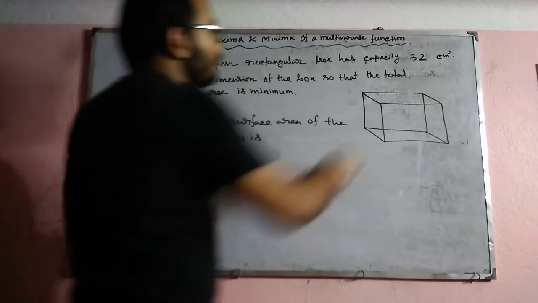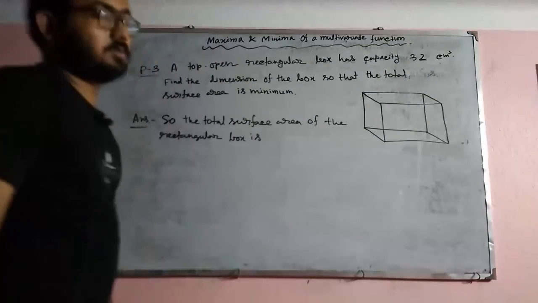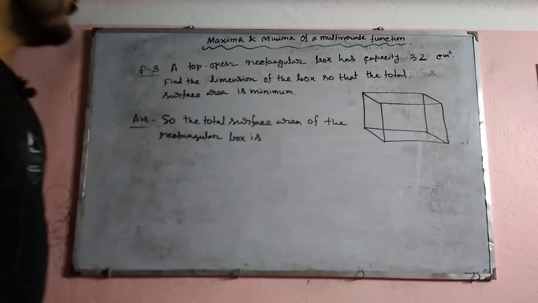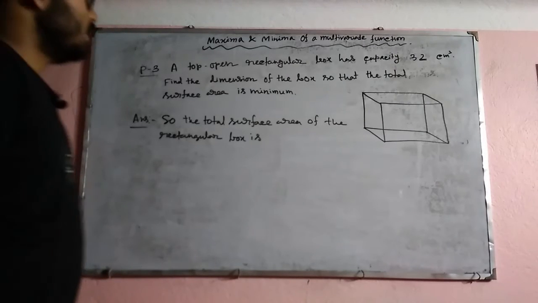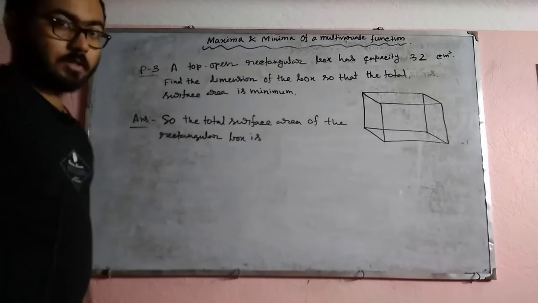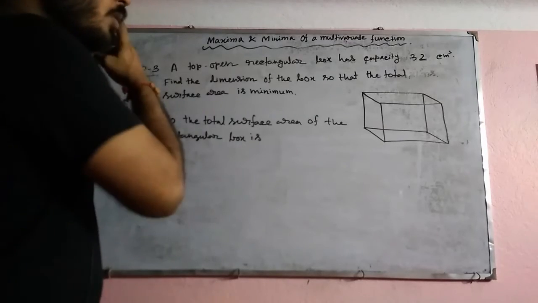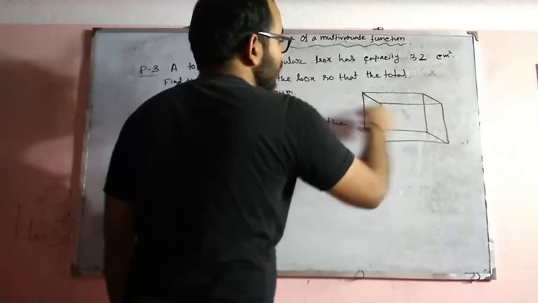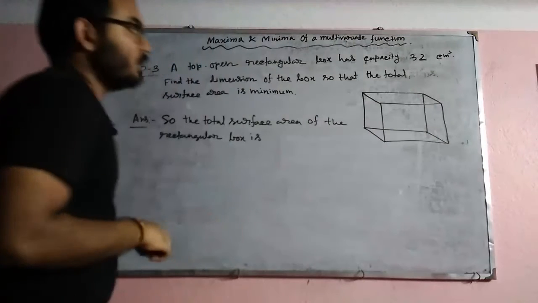This is a top open rectangular box. So when we write the total surface area of the rectangular box, we will not consider this top surface.